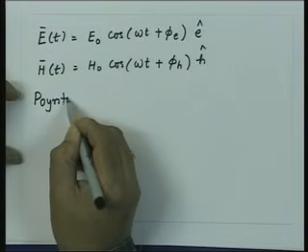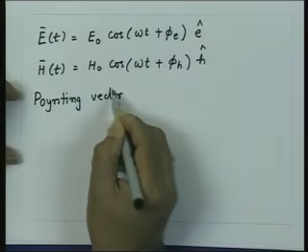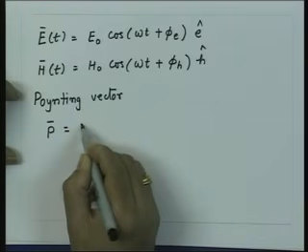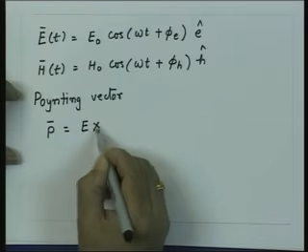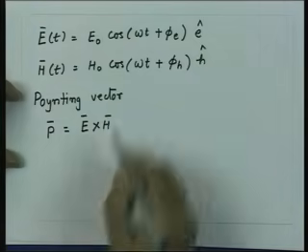So we can get from here the Poynting vector P, which is E cross H. I just take the product of these.